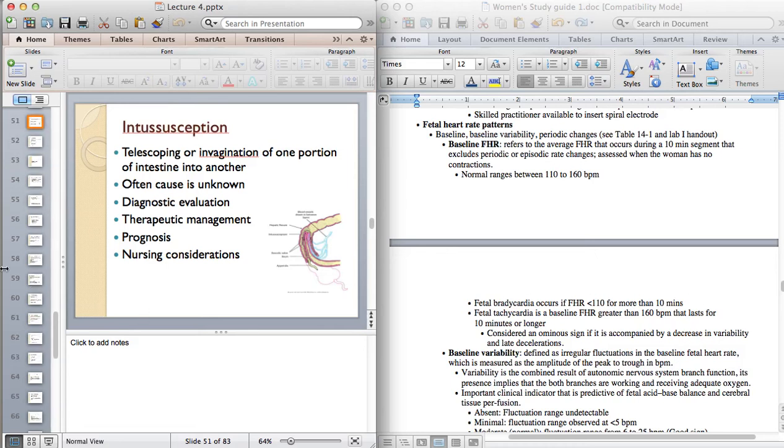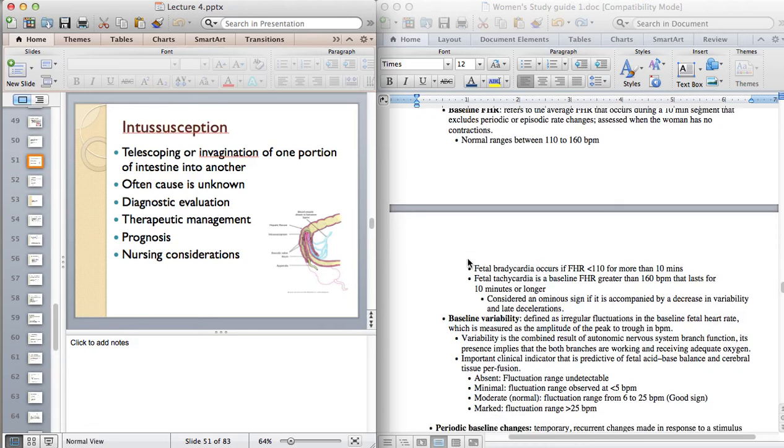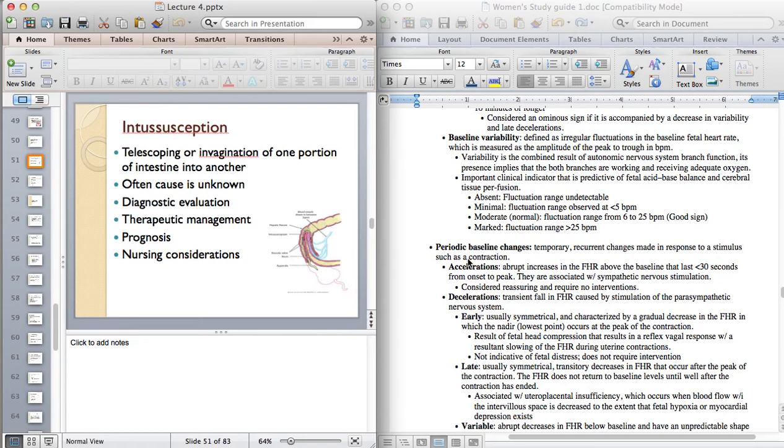So for our child, the child will be playing normally, and then all of a sudden they will scream and draw their legs up to their chest, because at that time the baby is in pain. Sometimes you will see it on X-ray and on ultrasound. In my own case, the plain X-ray showed a shadow of something going on, but it wasn't conclusive until they did the CAT scan.